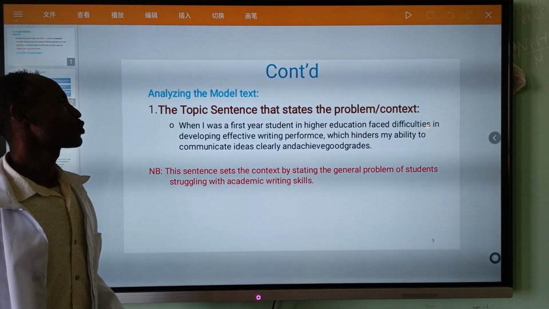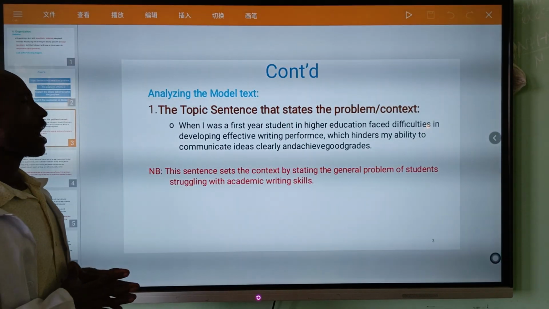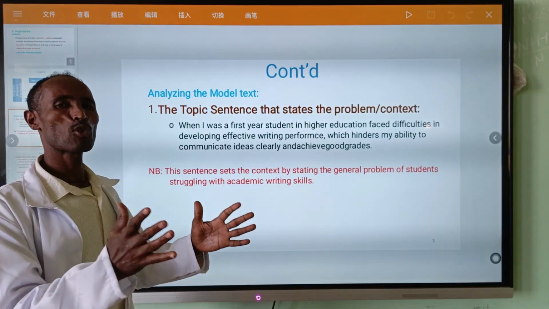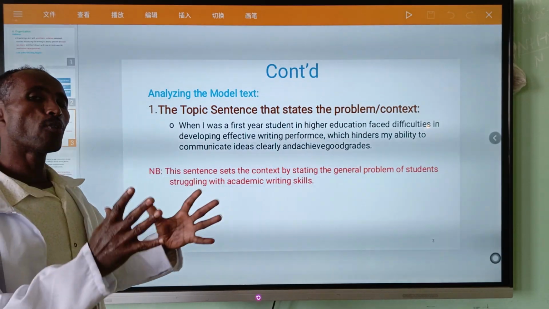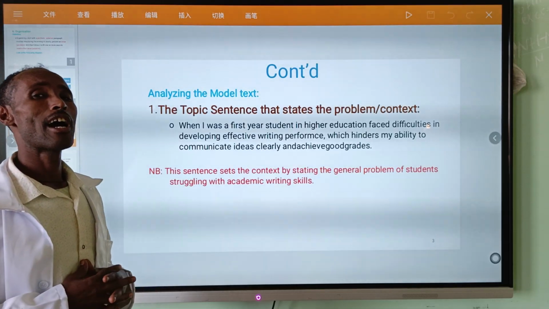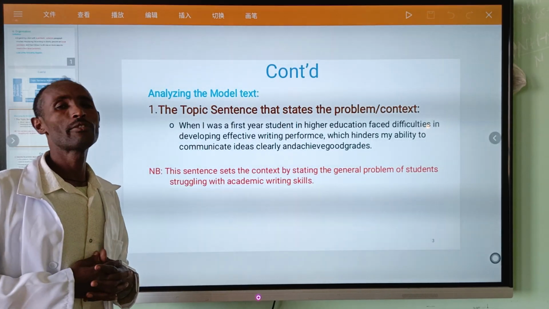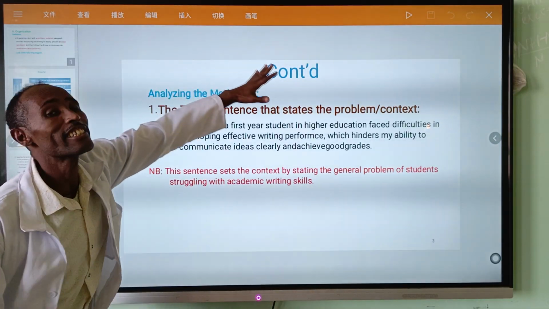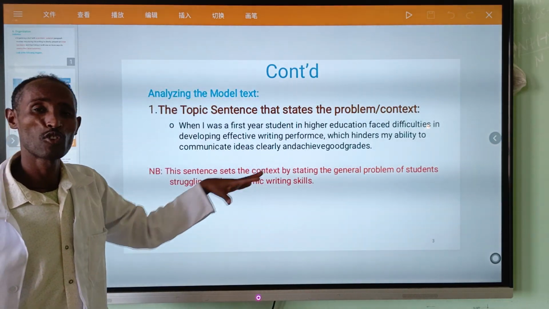To analyze, as I have told you previously, there is a model text in your conventional teaching material, which is titled "My Difficulty in Writing." So I will try to analyze that paragraph for you.